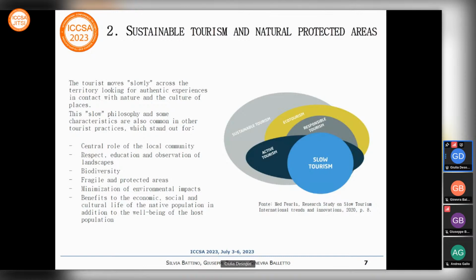But in a world where different realities are often dominated by mass tourism, how we can stimulate potential tourists to experience a slow holiday?